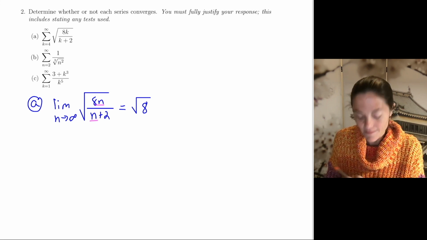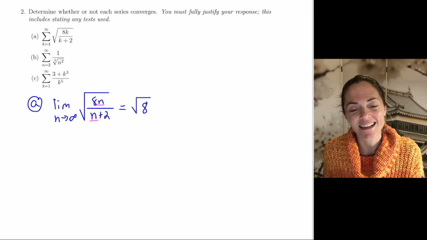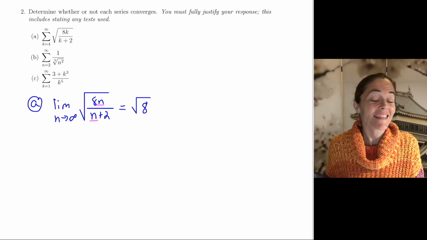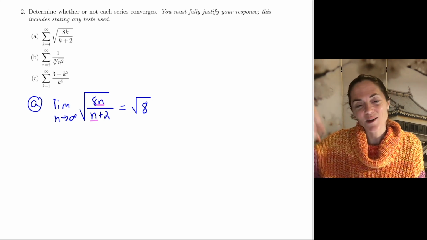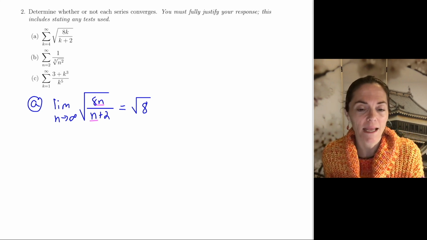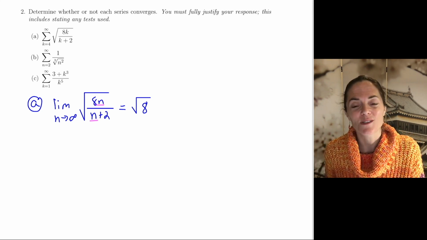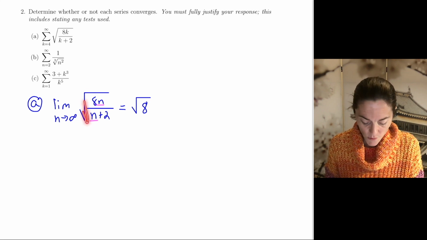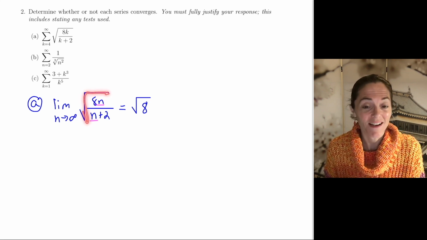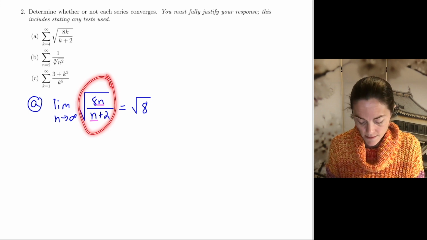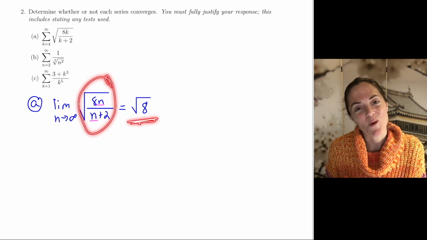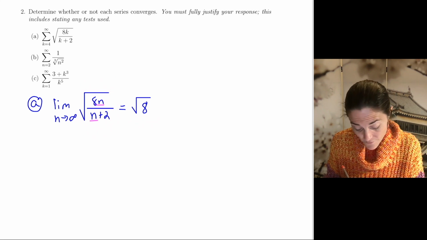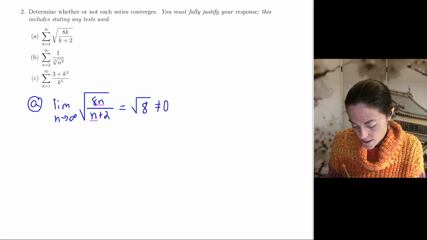Here and here is the same power of n, so we can look at the coefficients. We have 8 in the numerator and a 1n in the denominator. So inside the square root goes to 8, and I used bringing the limit inside a continuous function here. So this definitely converges to the square root of 8. But what's important for letter A is that this is not equal to 0.